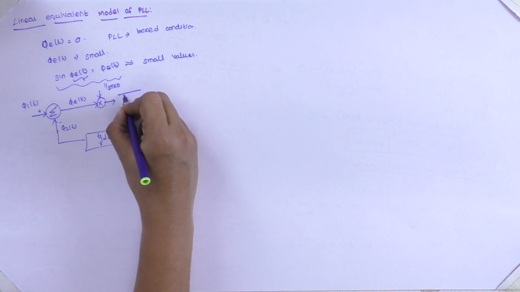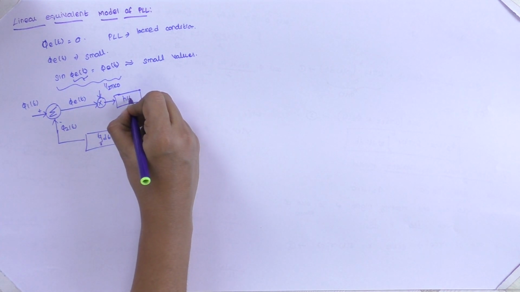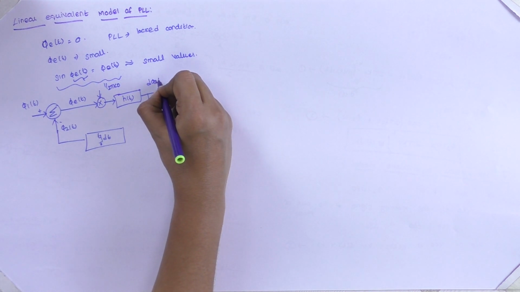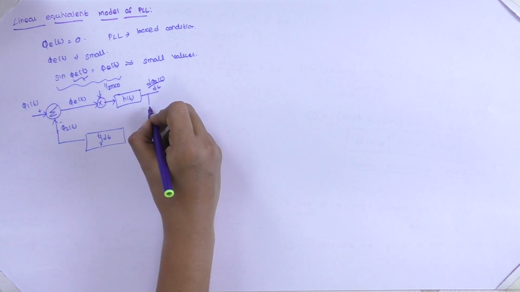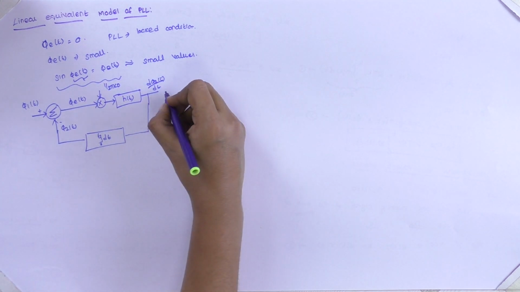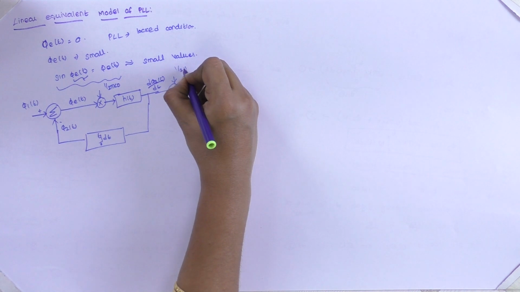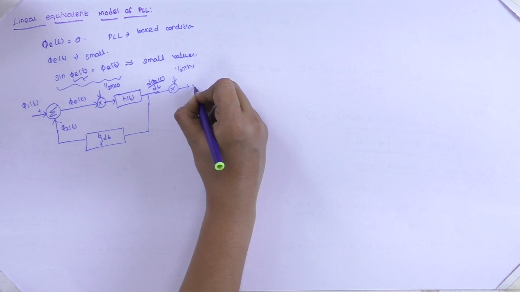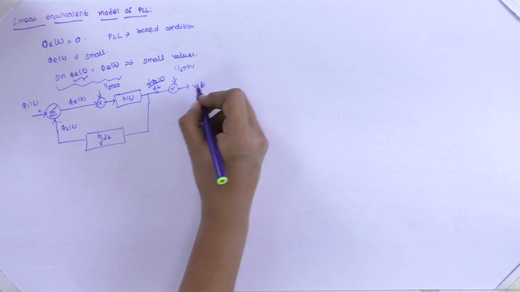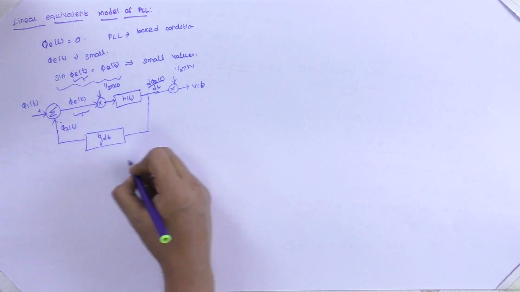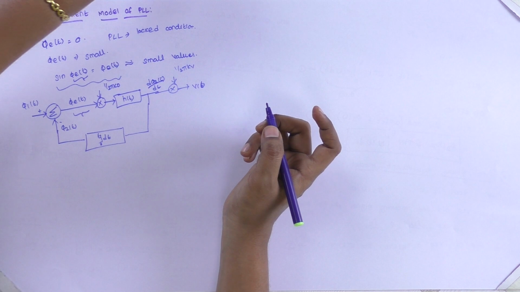This is our gain, and it is applied to h of t. This resultant signal is d phi 2 of t divided by dt, which is given to the integrator, and again it is multiplied by the loop gain of 1 by 2 pi kv. This is our resultant v of t. Here we have avoided the sinusoidal function, that is, the non-linear function. This is referred to as the equivalent linear model of PLL.